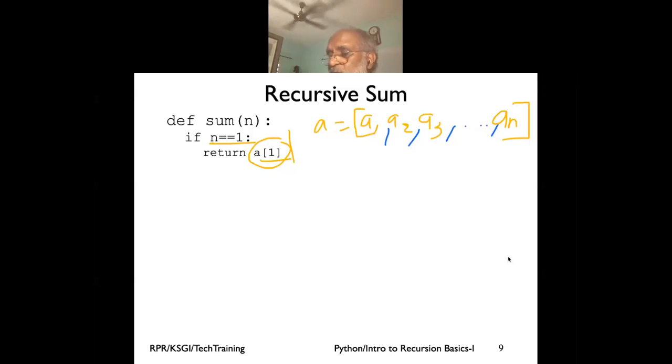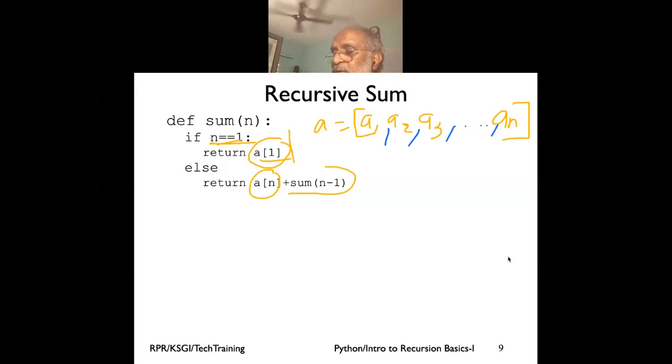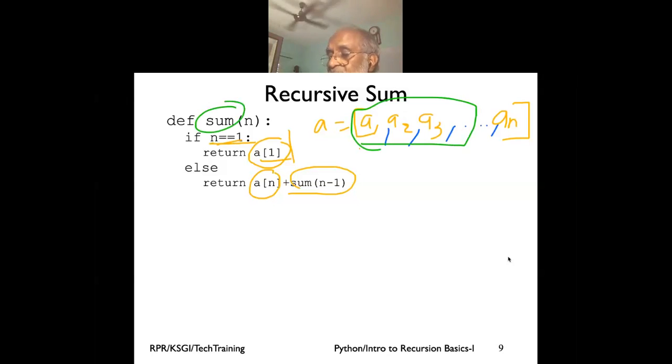If the array size is not 1, that means more than 1, you'll use elif. Then the answer is the nth element plus the sum of the first n minus 1 elements. If I take the sum of the first n minus 1 elements using the same function, I'm calling myself.